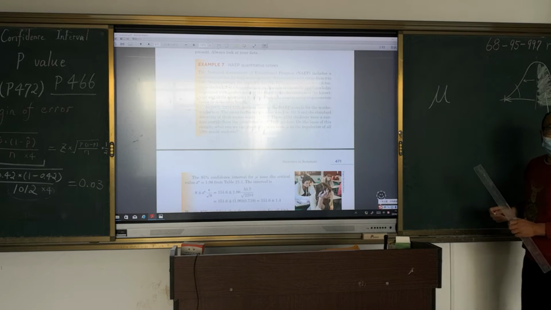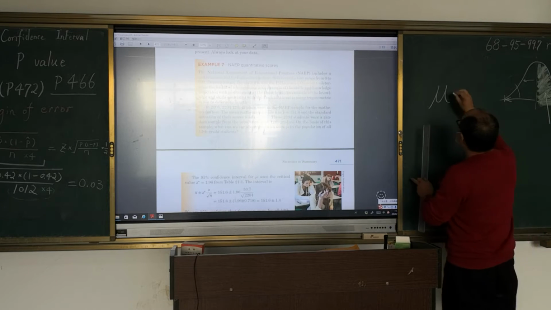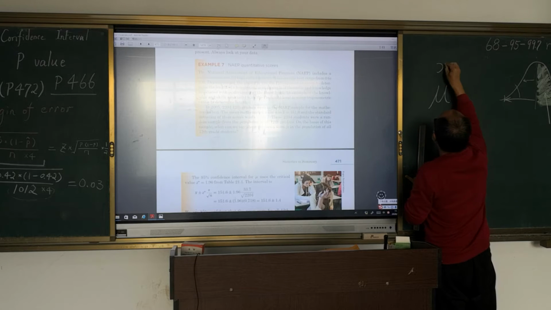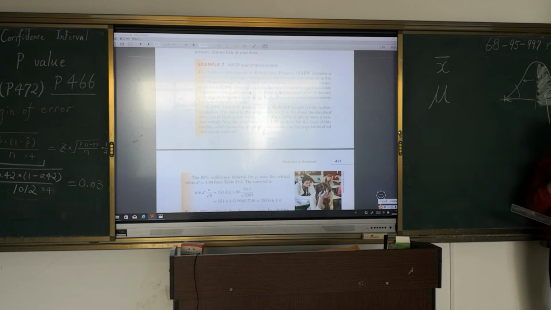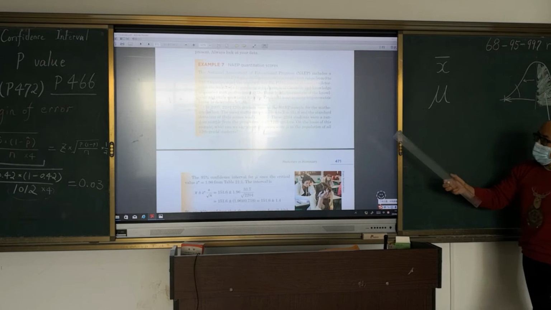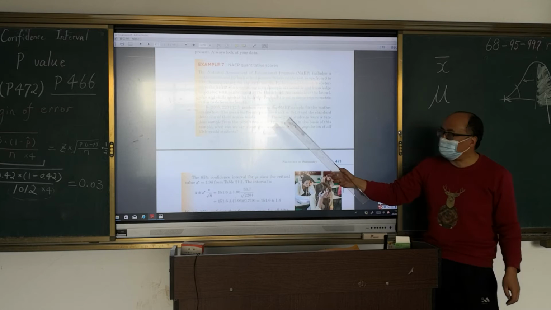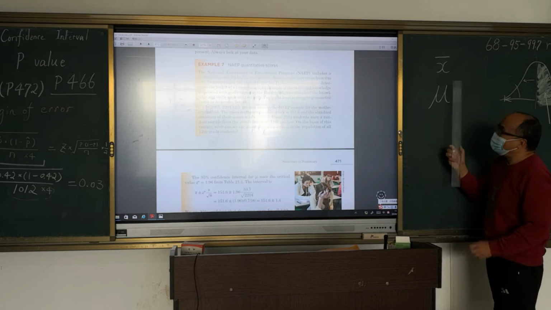And this is the sample average. The average that is for 2,000 students. They get this.